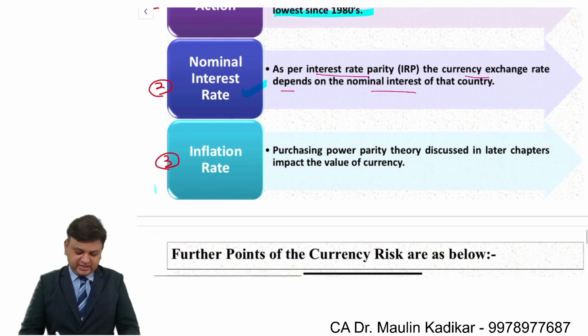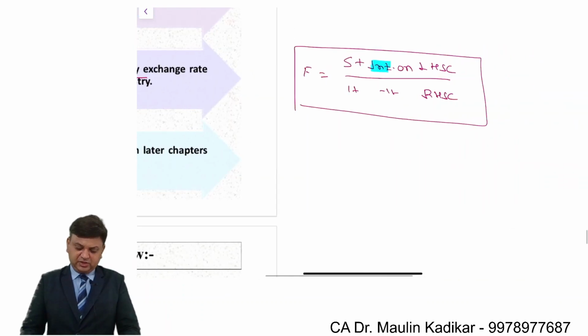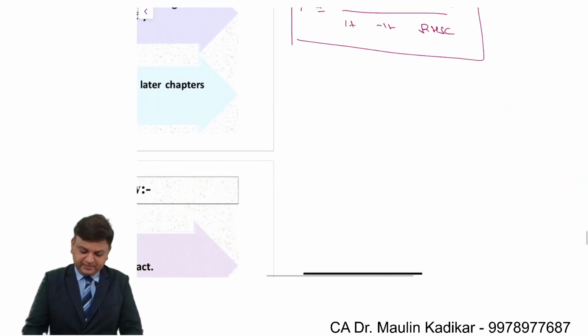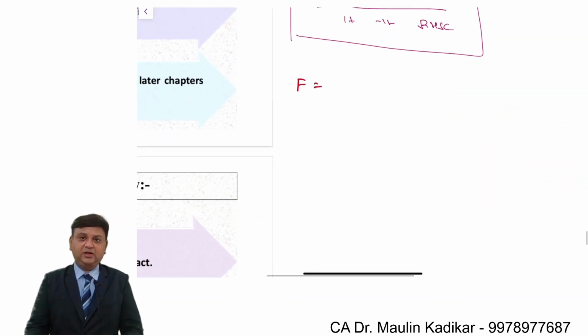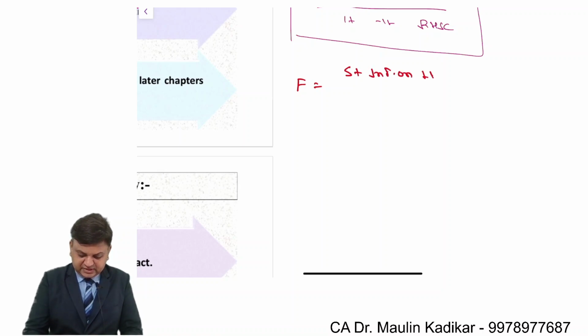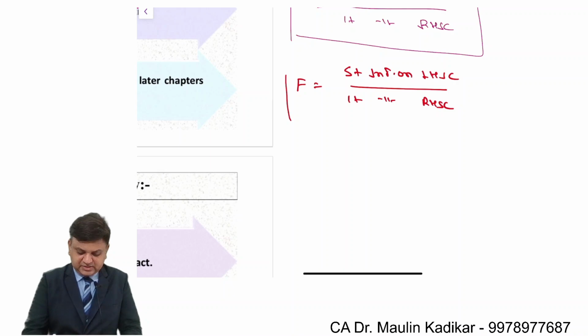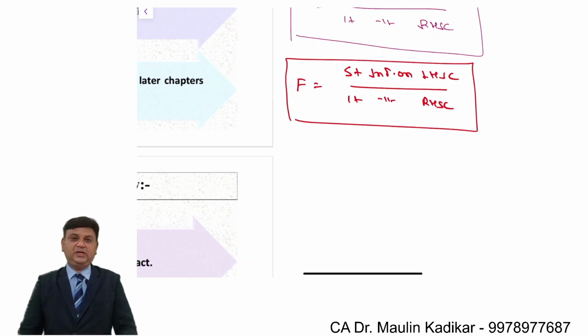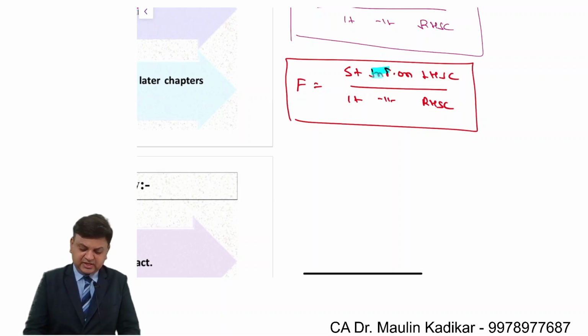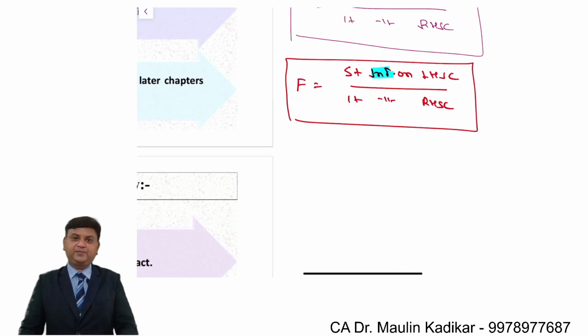Next is the inflation rate. Again, dear students, for calculating the forward exchange rate using the purchasing power parity theorem, it is spot times 1 plus inflation on the left hand side currency divided by 1 plus inflation on the right hand side currency. This is the way the forward exchange rate is calculated, and in that we understand that inflation is again going to be very important.